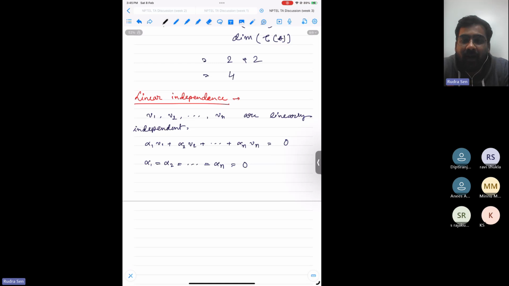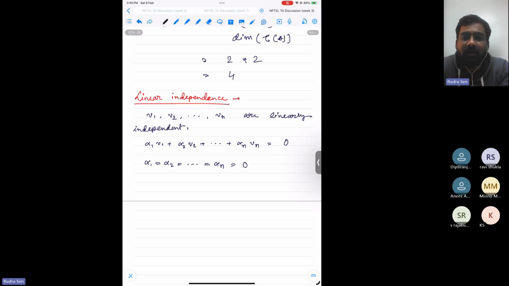That means we cannot find any non-zero coefficient to make this addition lead to a 0 vector. If we cannot, that means all those vectors are linearly independent.